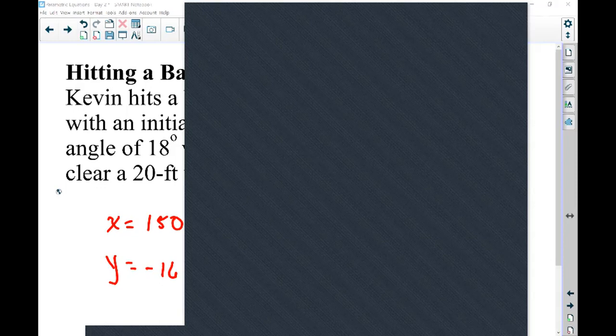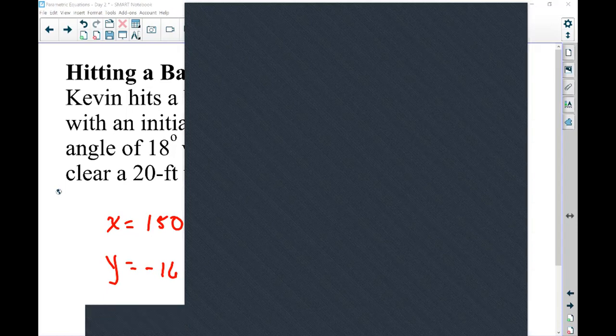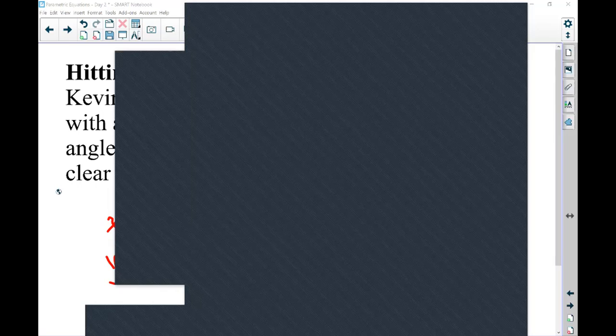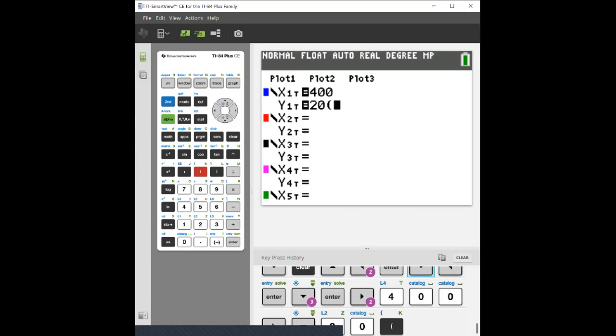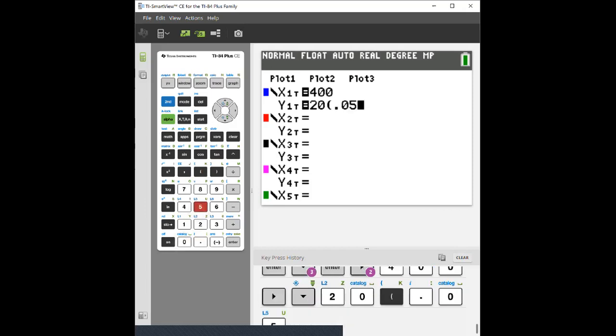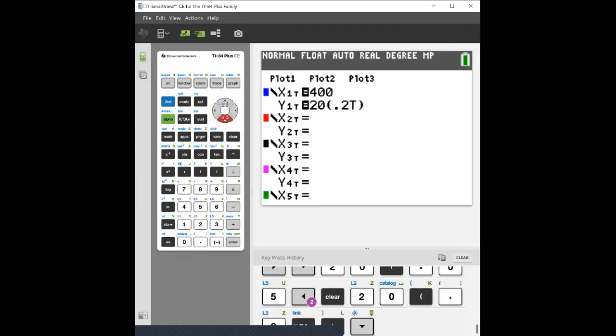The vertical distance, I'm going to go 0.05, oops, 20 times 0.2t should work, and then I'll limit my value for t.